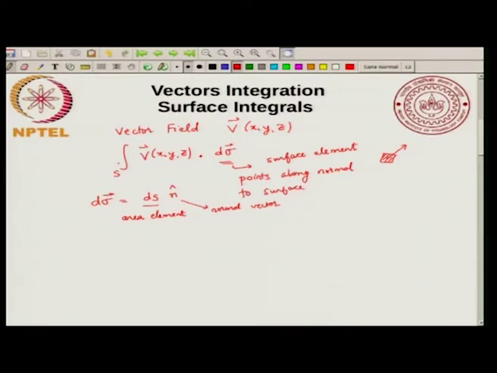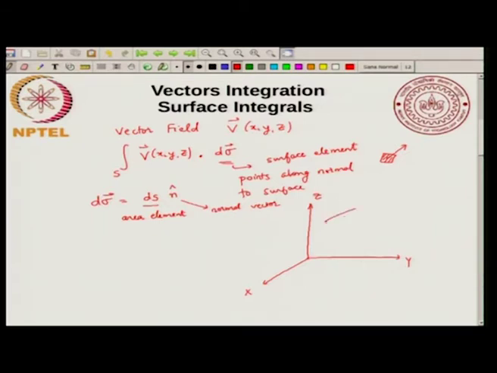Just pictorially, I will show you what this means. If you have x y z space, you have a vector field V defined at each point. So you have these vectors defined at each point in the space.